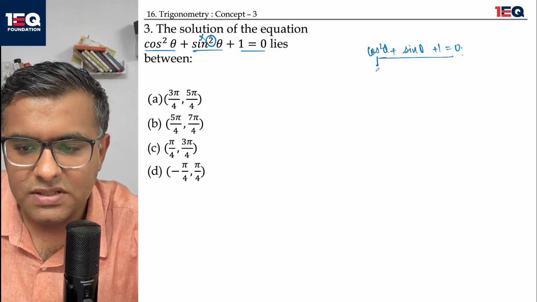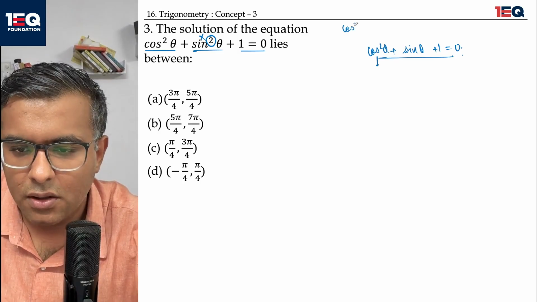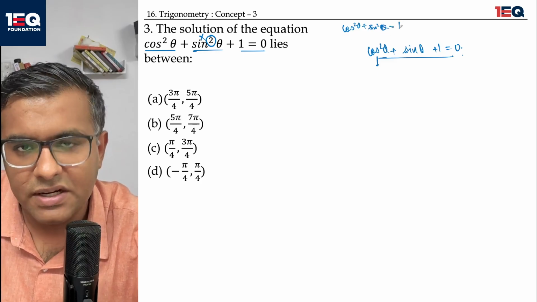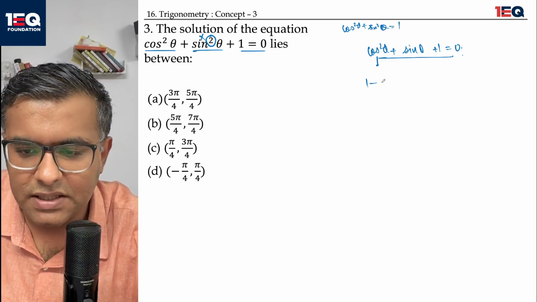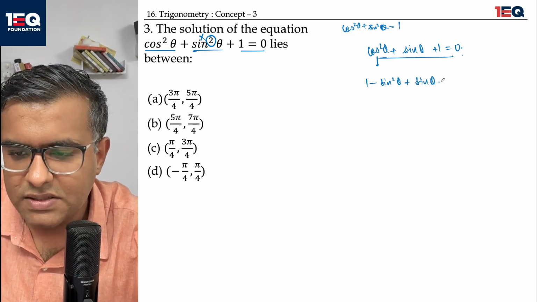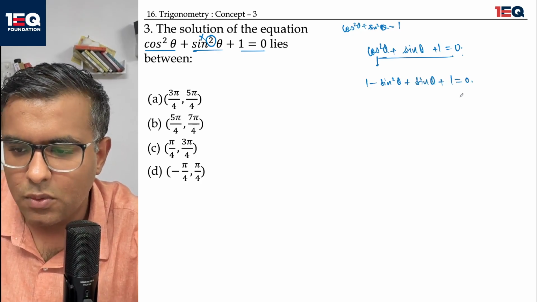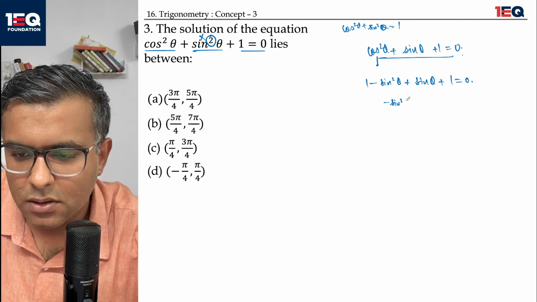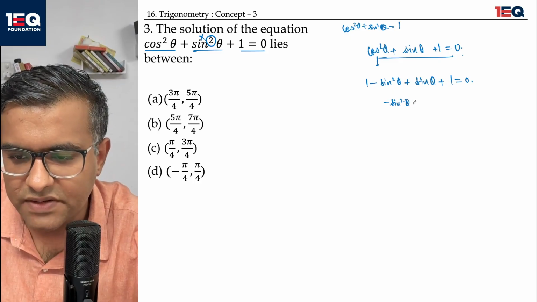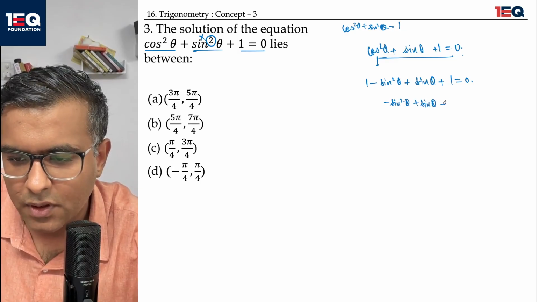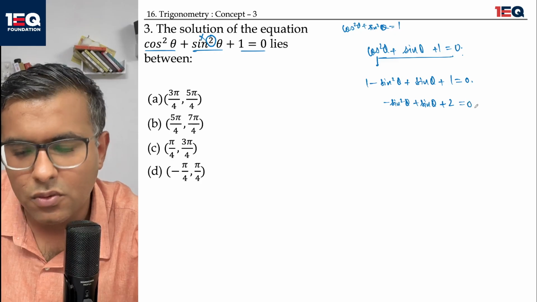So using cos square theta, I know that cos square theta plus sine square theta is equal to 1. So the value of cos square theta is equal to 1 minus sine square theta. I can say that 1 minus sine square theta plus sine theta plus 1 being equal to 0. So this gives me minus sine square theta plus sine theta plus 2 being equal to 0.